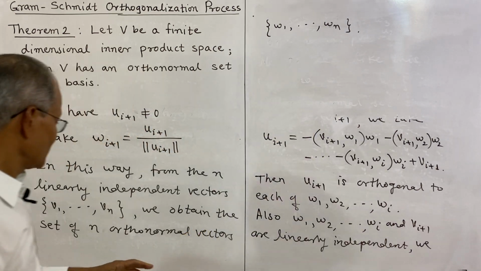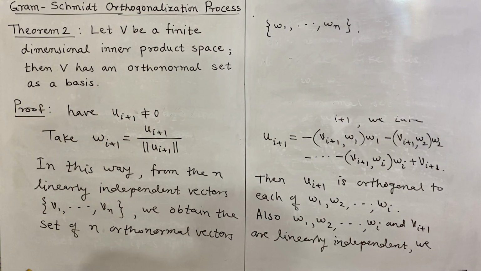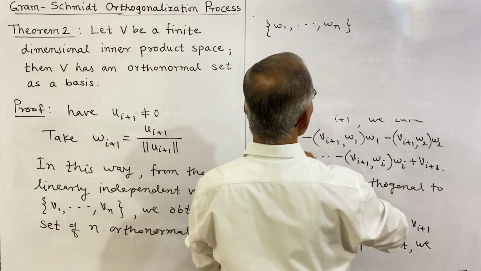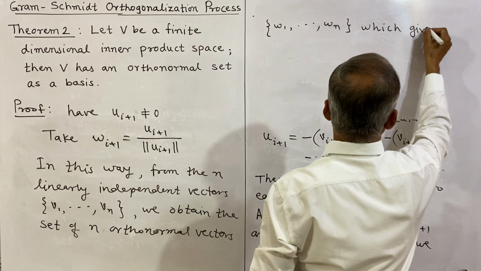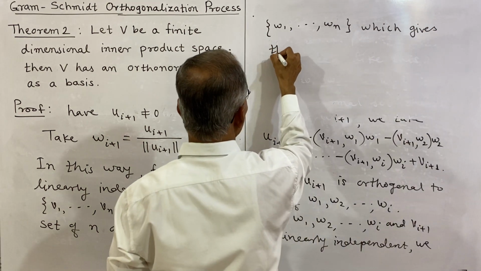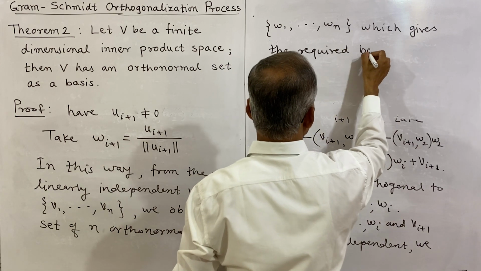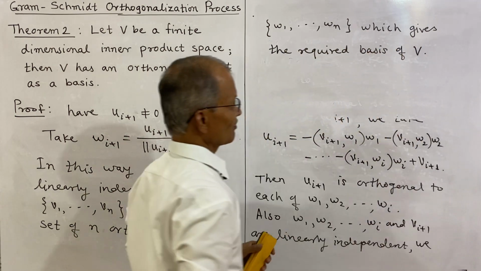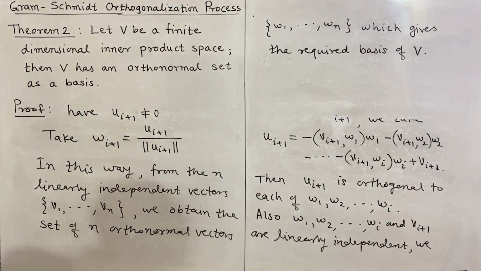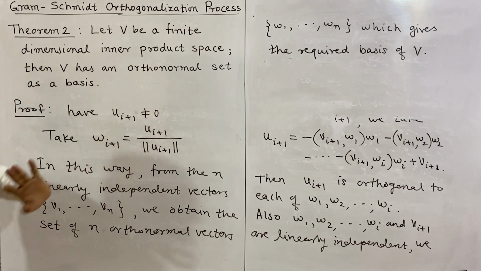And this is the required basis, which is the basis of the inner product space V. So, this is known as the Gram-Schmidt orthogonalization procedure.